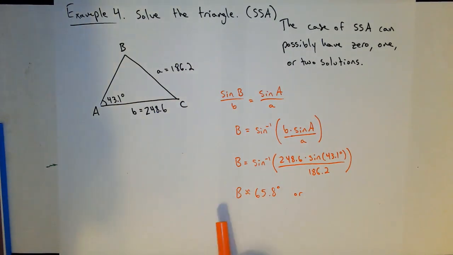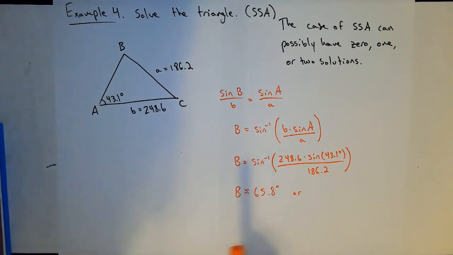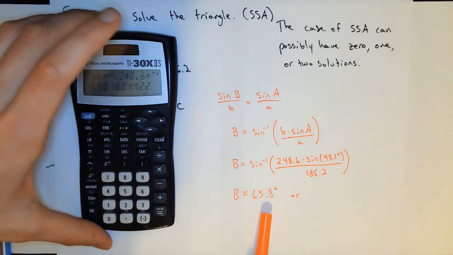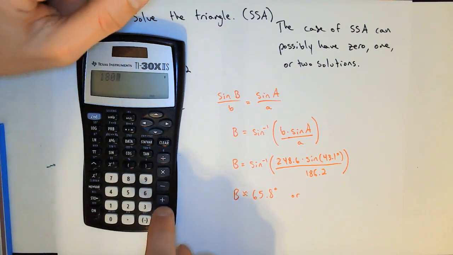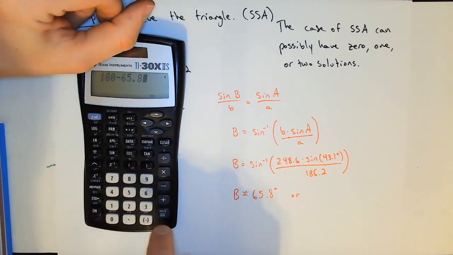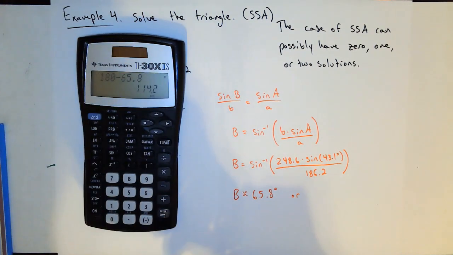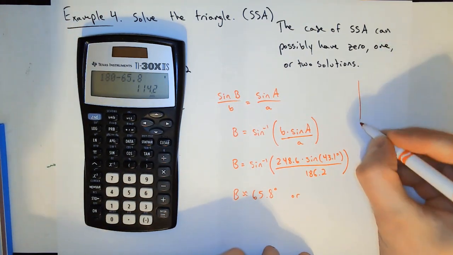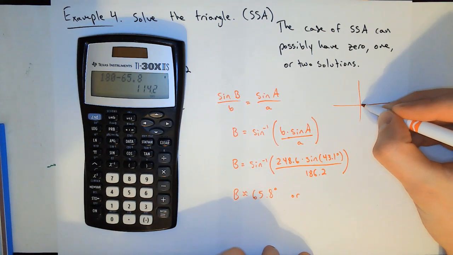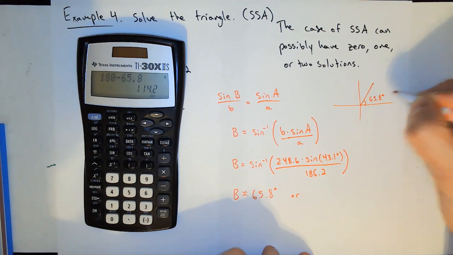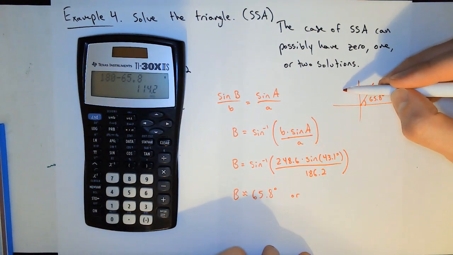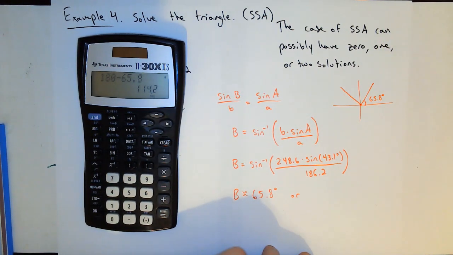What is the other angle then? How do we find that other angle? This angle's in the first quadrant. That's what the calculator's going to give me. Well, I'll just take this angle away from 180 because it's supposed to be in the second quadrant. So if my angle is here, that's 65.8 degrees, and there's another angle that's symmetric to it over here.